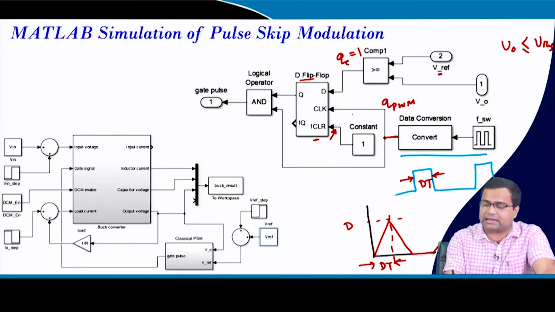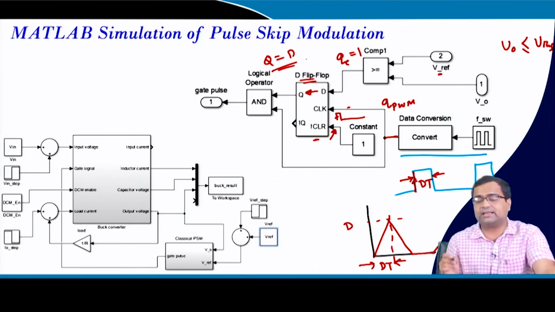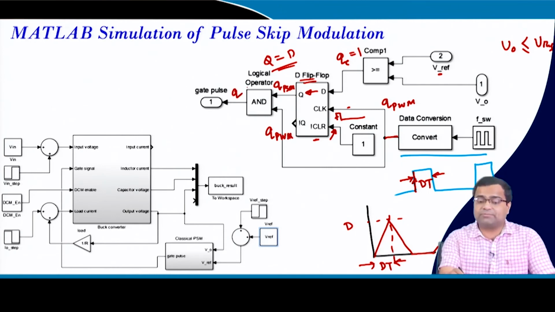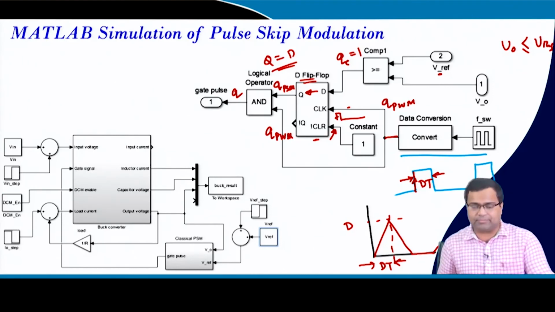Because this is a flip flop, it works on the clock edges, so at the edge of the clock it will simply pass this. That means Q will become D; it will store D when the edge comes, and we call this QPSM. Then this is our QPWM, and this is my effective Q. If this PSM logic is 0, it simply skips the pulse, and if it is 1, it will simply pass the PWM pulse.